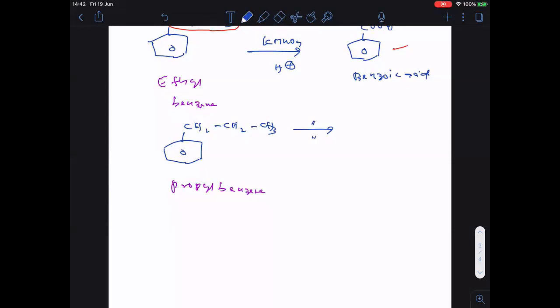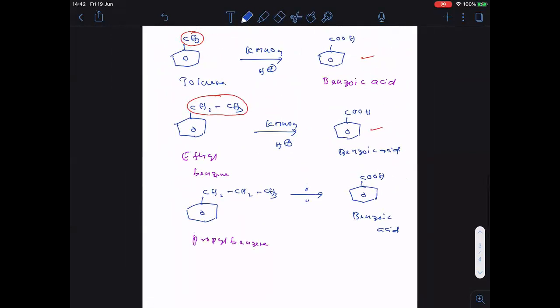Okay, tell me what happened. What is the product formed here? Same here also, again we will get benzoic acid only. I hope you are able to understand in all the three examples.